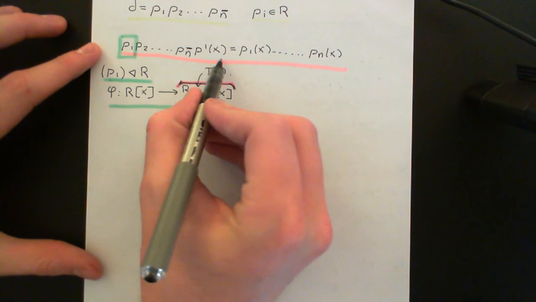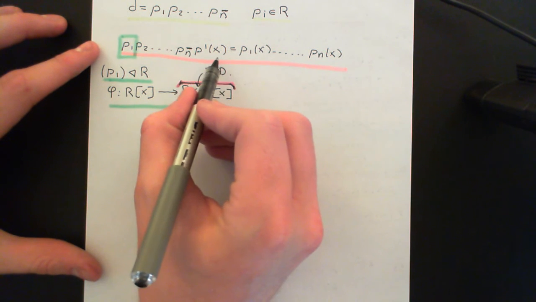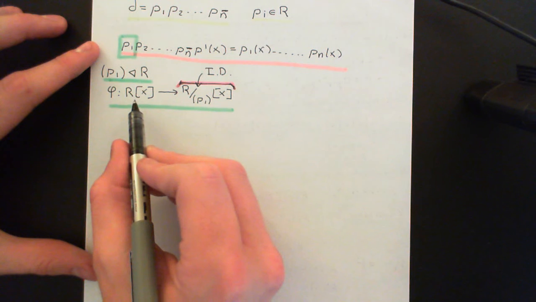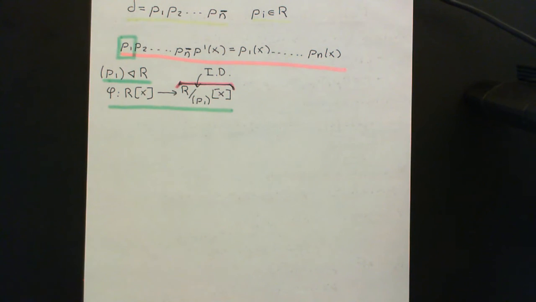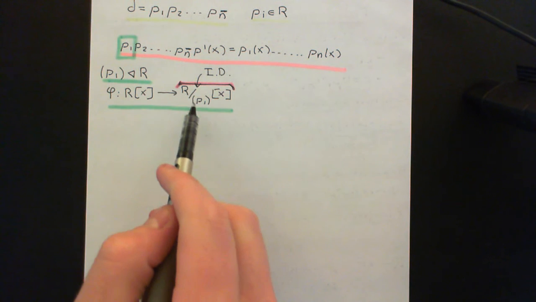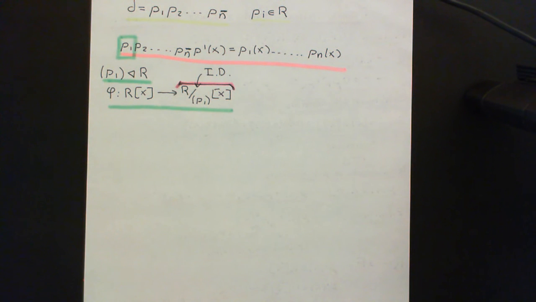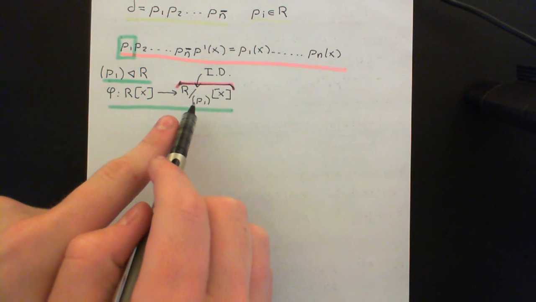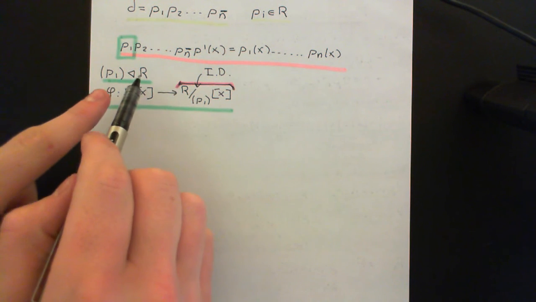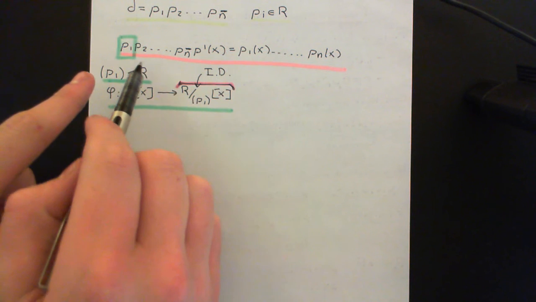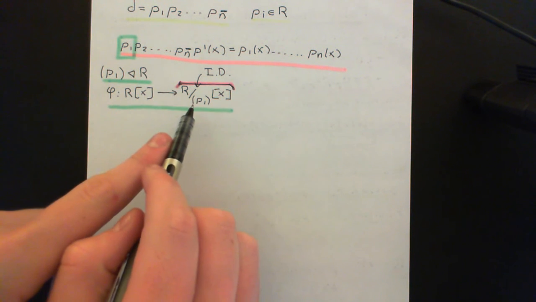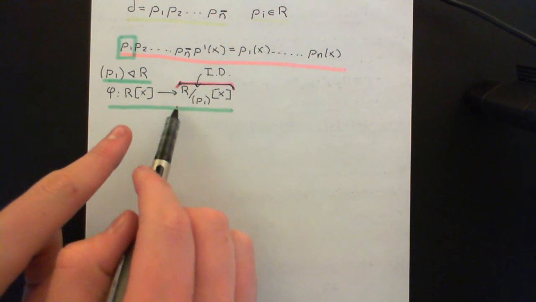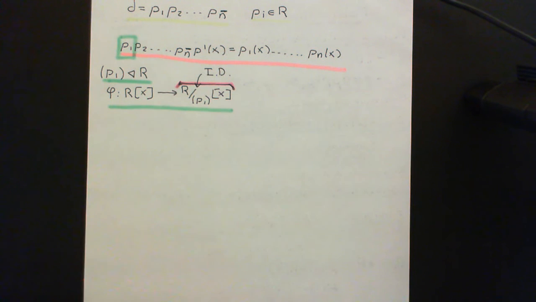Now when I apply phi to this side of the equation, remember what phi does. It takes all polynomials and goes to all of the coefficients in front of the powers of x and says, are you in the ideal here? And if you are in the ideal, it takes all of the coefficients to what they are modulo the ideal. So it takes all of the coefficients that are in the unique factorization domain R and says, what would they be mapped onto in the quotient ring, R quotiented out by the principal ideal generated by P1?